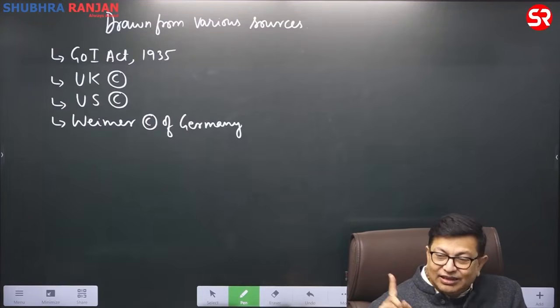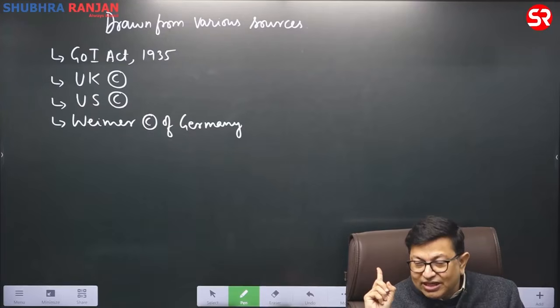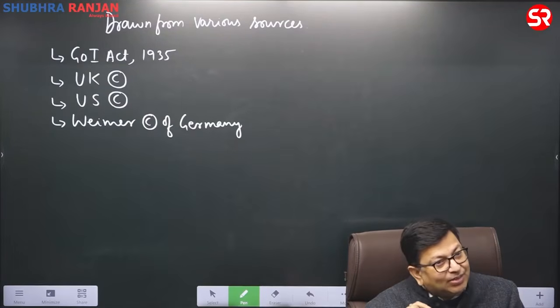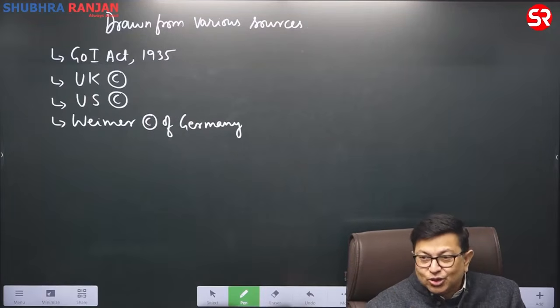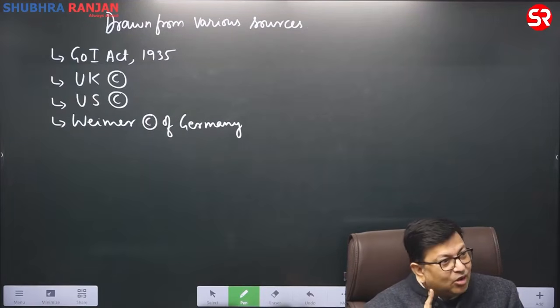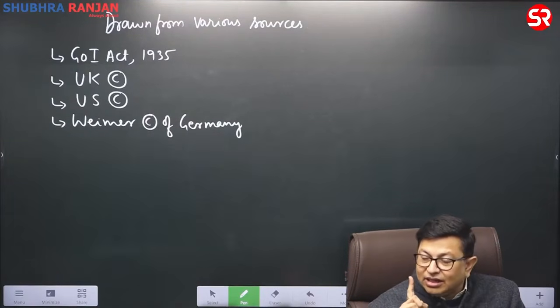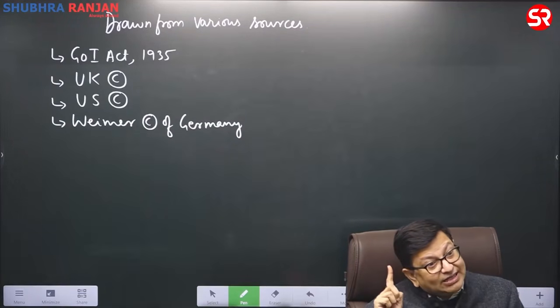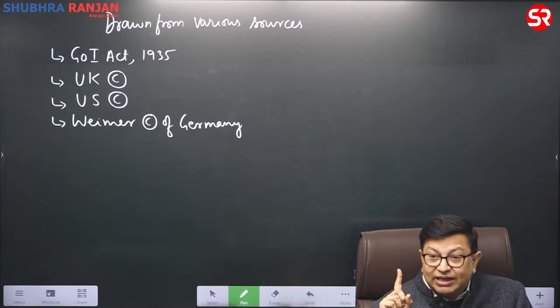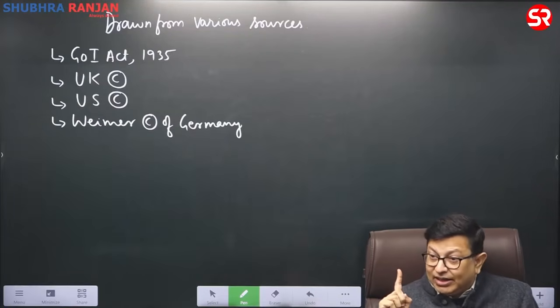Before that, there was a constitution of Germany enacted at a place called Weimar. Weimar is the name of the place. So to distinguish it from the other constitutions, we use the expression Weimar. We have taken something from the Constitution of Germany which was adopted in Weimar.